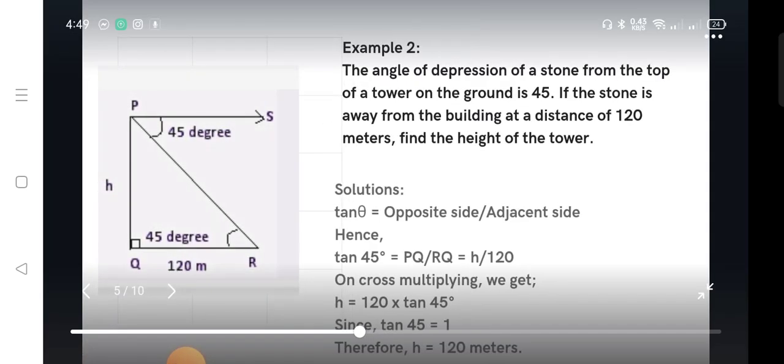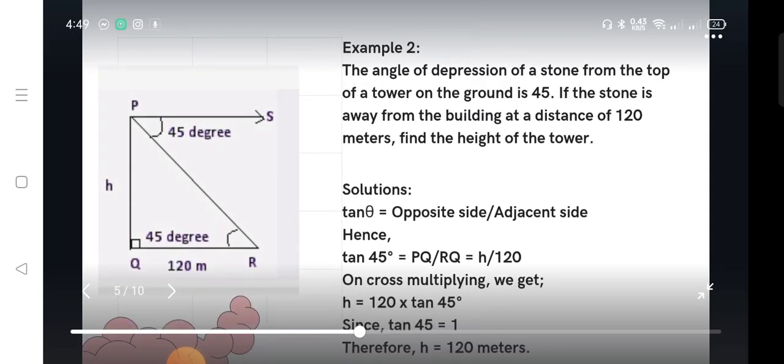So dito naman tower naman, but different height. Okay. So in this figure, R is a stone, and PQ is the height of the tower. RQ is the distance between the tower and the stone. So PS is the line of sight.